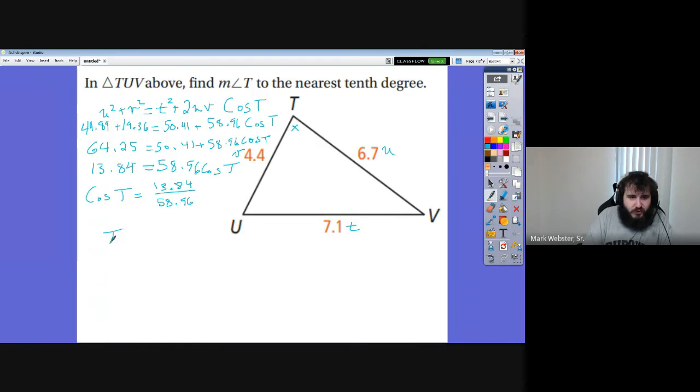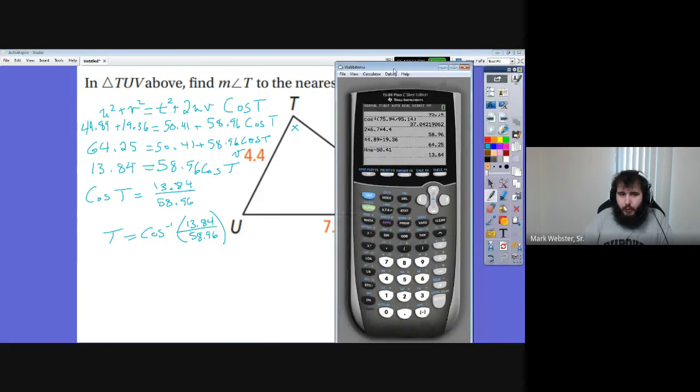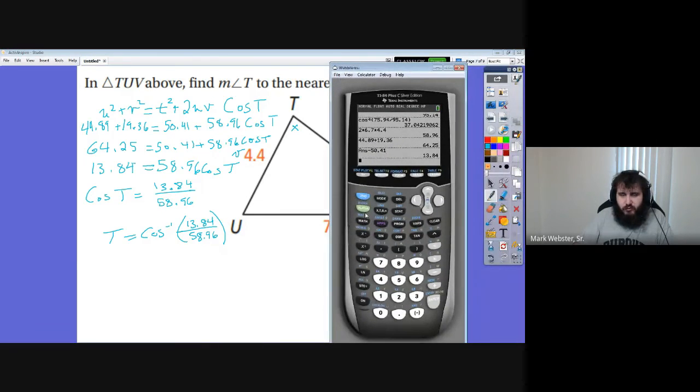I'm going to invert the cosine. And we're going to plug that in. So we got, again, inverse cosine. So second cosine. Make sure to close your parentheses.